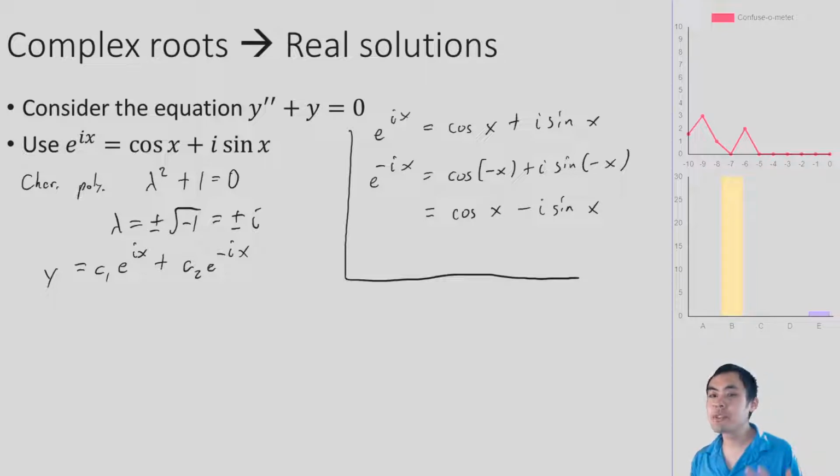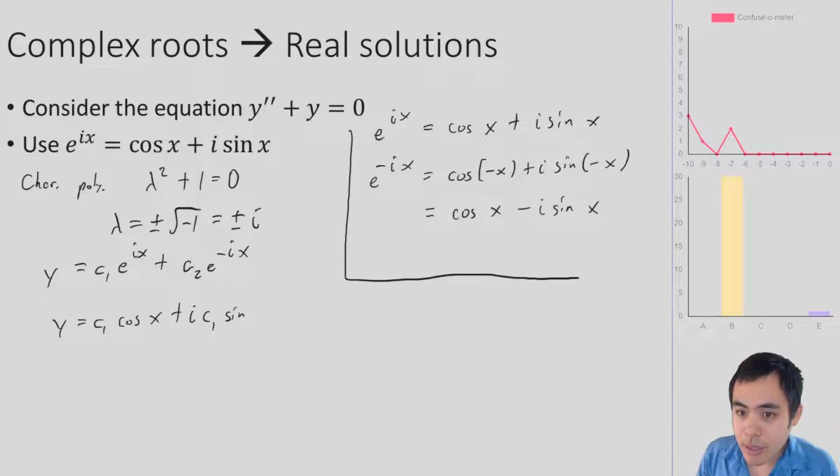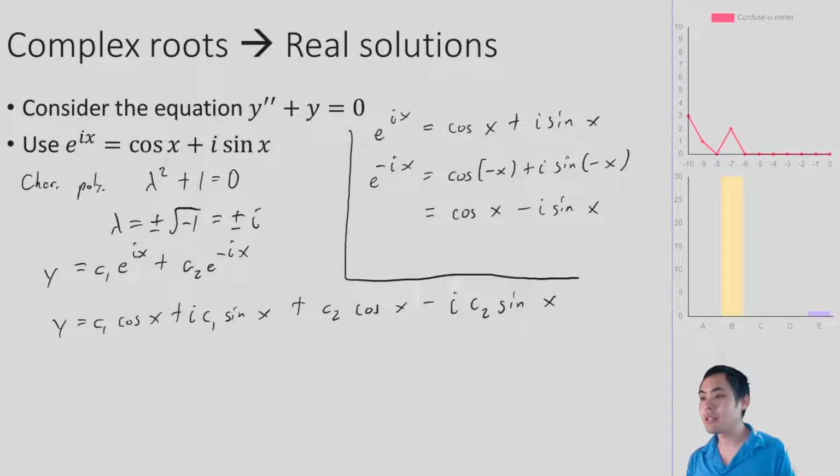Okay, but now we can use those formulas and substitute things in. So then y is going to be equal to c1 cosine x plus i times c1 sine of x plus c2 cosine x minus i times c2 sine x. So now all we're doing is we're plugging in the values for e to the ix and e to the minus ix.